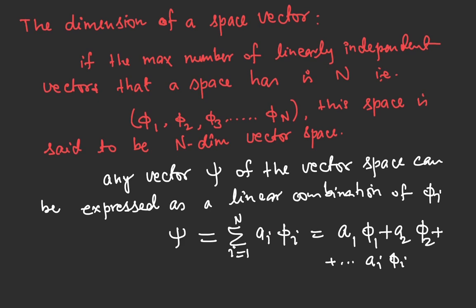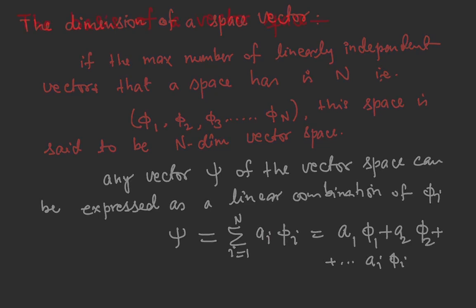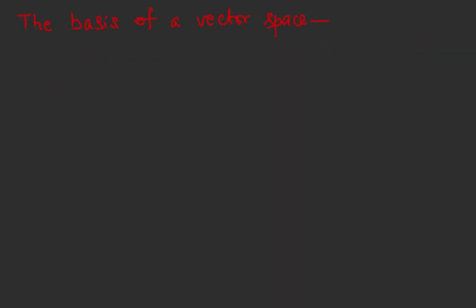Now we'll learn about the basis of a vector space. As we know, the maximum number of linearly independent vectors of a space is the dimension of the space, and in that case any vector can be expressed in terms of them.